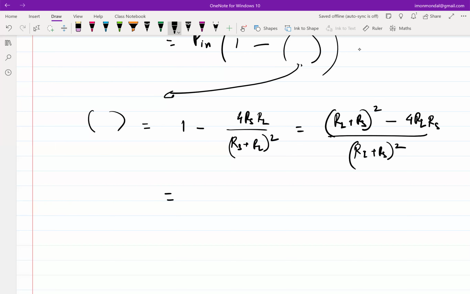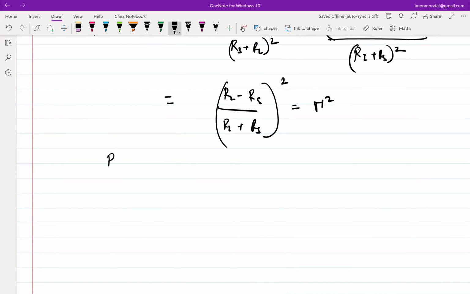So this essentially is RL minus RS whole squared, or rather RL minus RS by RL plus RS, right? Which by definition is gamma squared. Okay. So since I have taken all real, it becomes gamma. Ideally, if I have a complex load, it will become mod of gamma. Okay. So essentially your power delivered is the power in times 1 minus mod of gamma squared. Mod of gamma if you have real, complex loads.